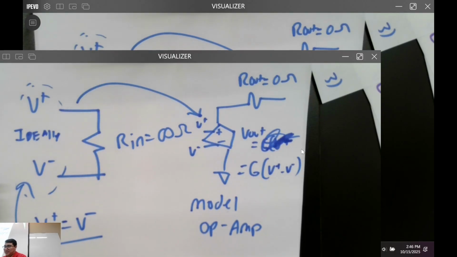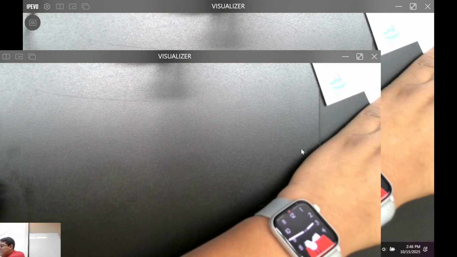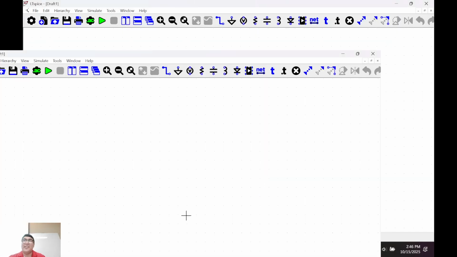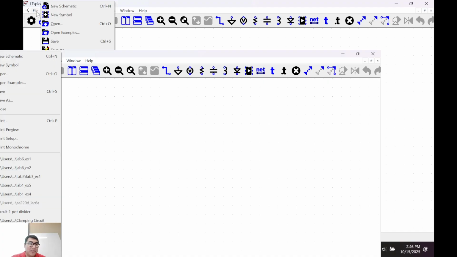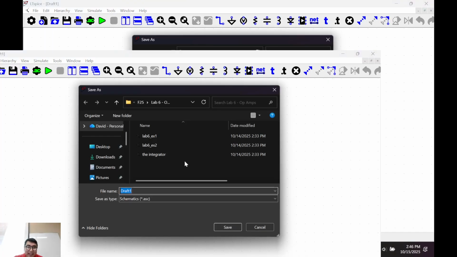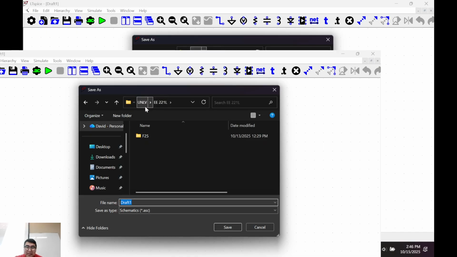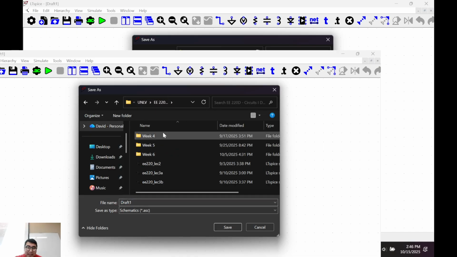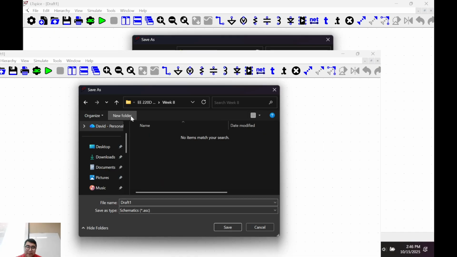All right, so this is the other thing. Let me show you this. It's page 4. So let me show you how to instantiate an op amp. Let me just create, save as, 220, Week 8, because that's where we're at right now.